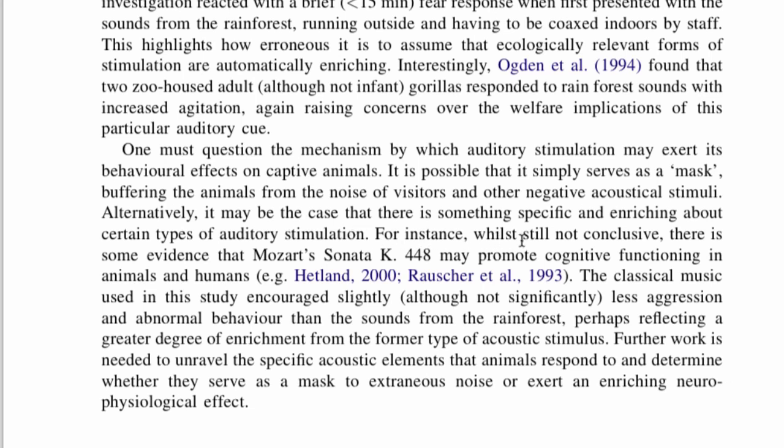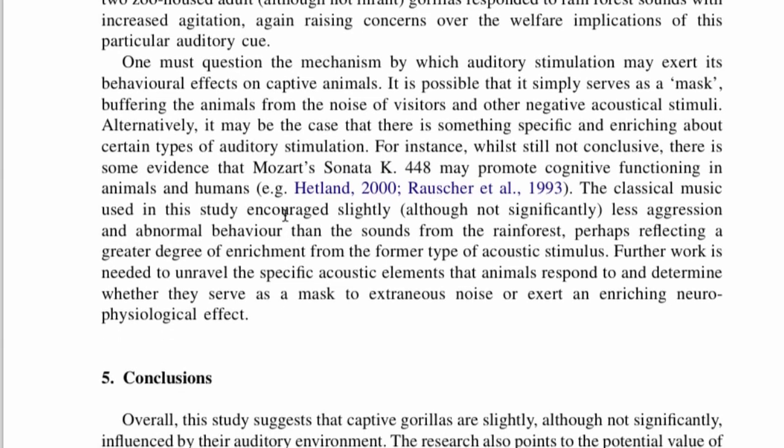Okay. And for instance, while it's not conclusive, there is some evidence. Well, here we go. This is not using may or might, but there is some evidence that Mozart's sonata may promote cognitive functioning in humans and animals. Classical music encouraged slightly less aggression.